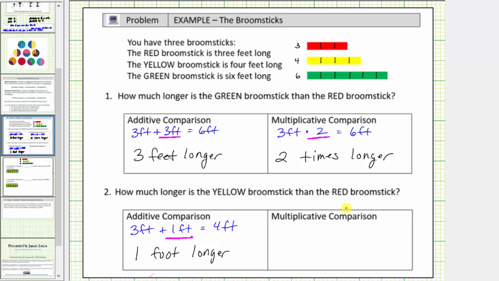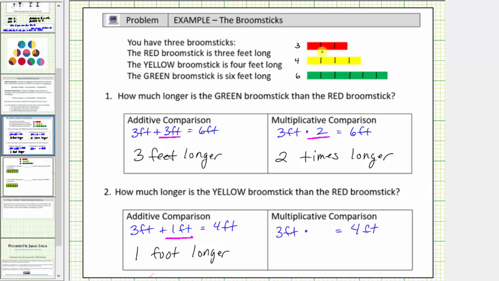Now for the multiplicative comparison, we begin with 3 feet. We need to multiply by some value to get the length of the yellow broomstick, which is 4 feet. Now here this question isn't quite as easy. To figure out what we have to multiply 3 feet by to get 4 feet, we need to figure out how many 3's are in 4, or how many copies of 3 are in 4.